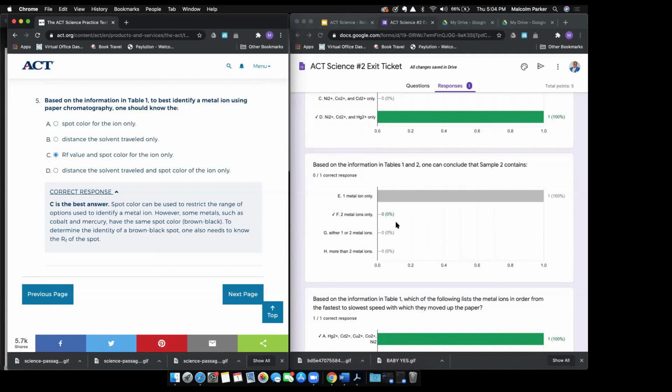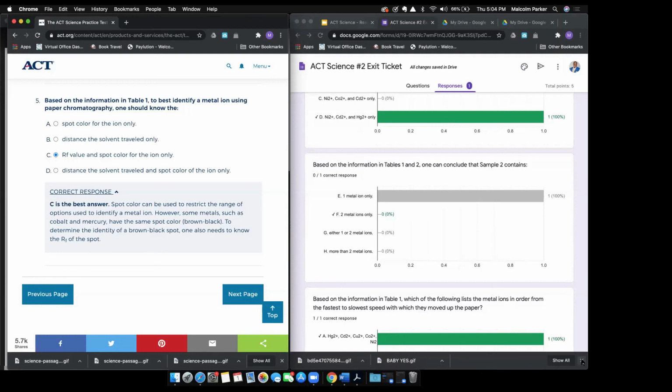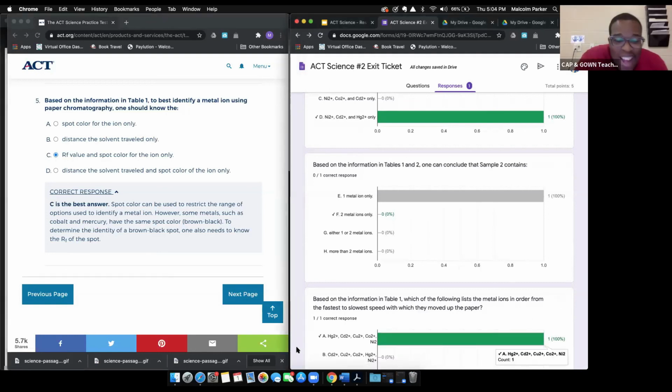All right, I'm back. All right, you good. What kind of dog you got? It's a Jack Russell Terrier. It's a little small dog. Oh, okay. All right, you good, man.